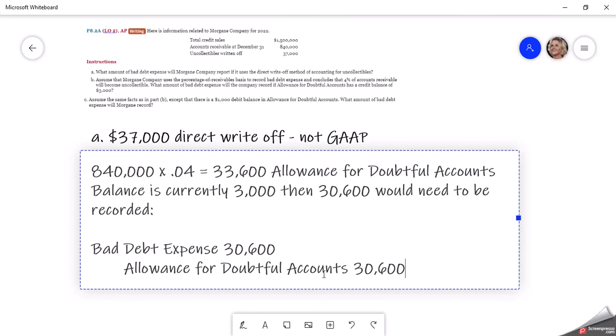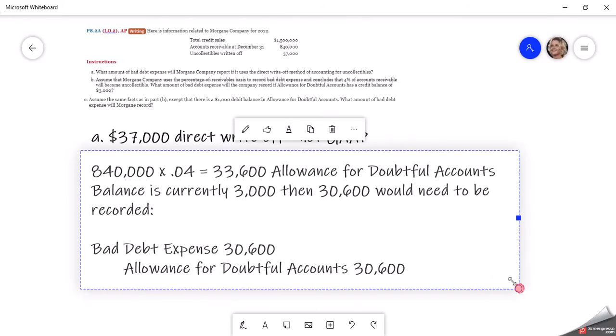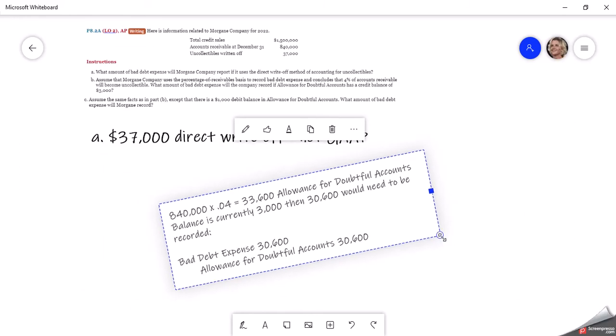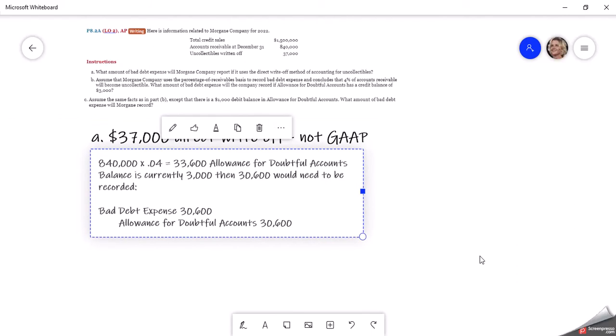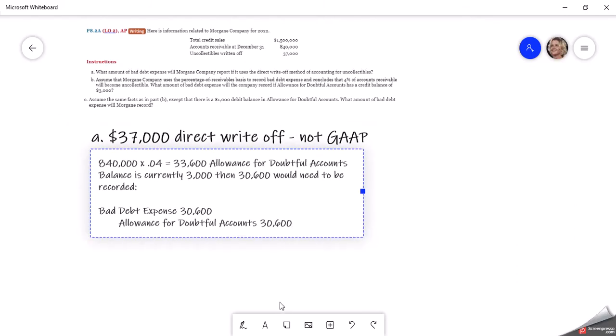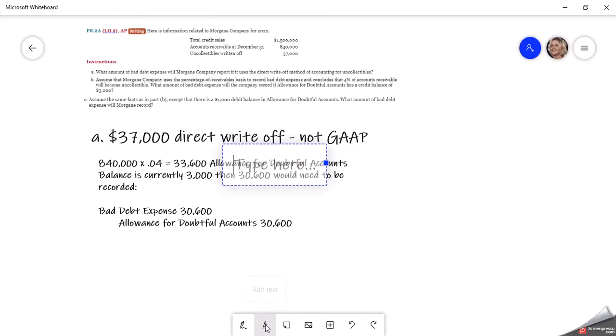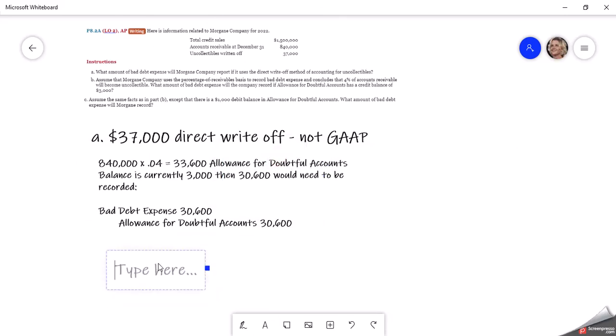Okay, then the next one says, assume the same facts in B, except what if there's a debit balance of $1,000?